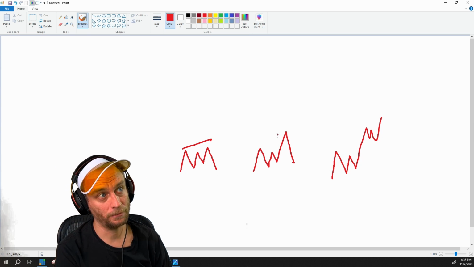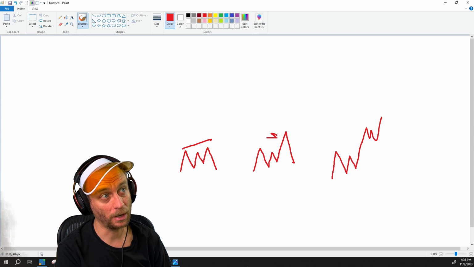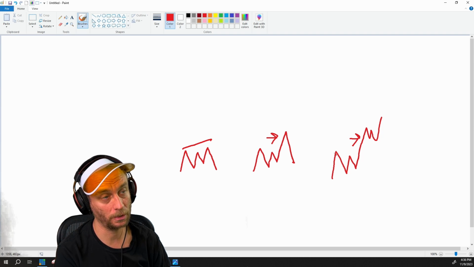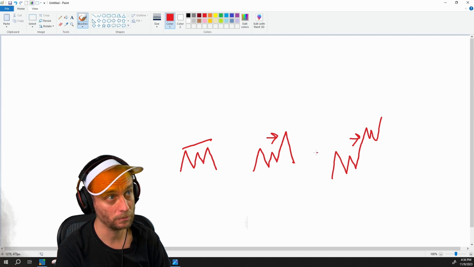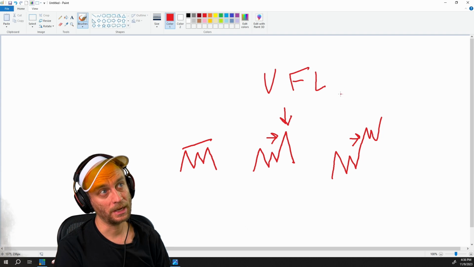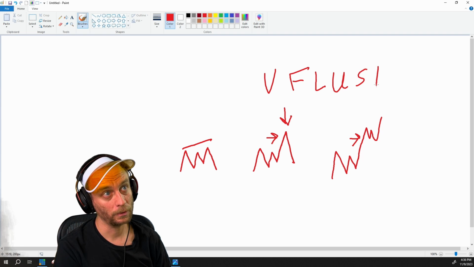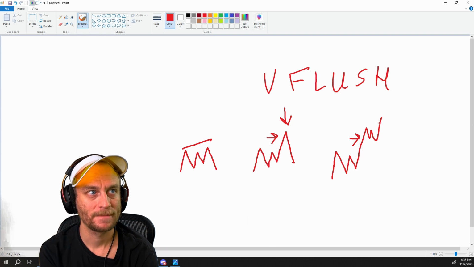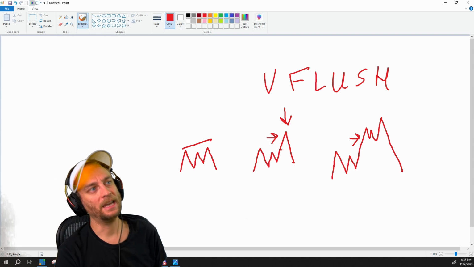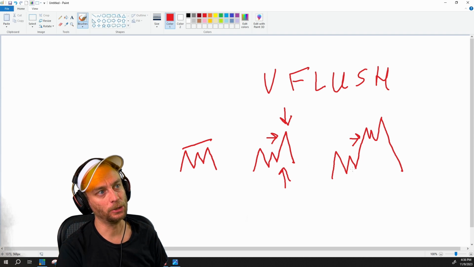This, however, if it does come out and it pushes beyond a top tick, it could do one of these two scenarios where it just continues, or it does this. This is actually called a V flush, which is a top tick on steroids. Now, this would not be a V flush. It needs to have that more V look.